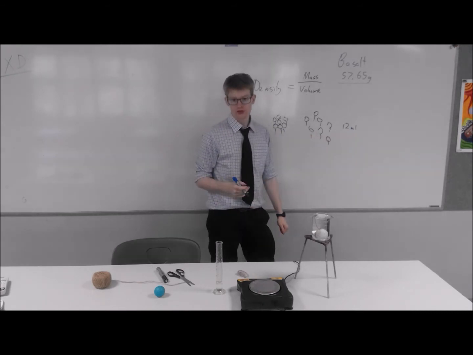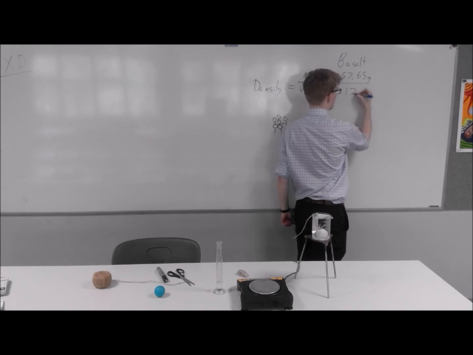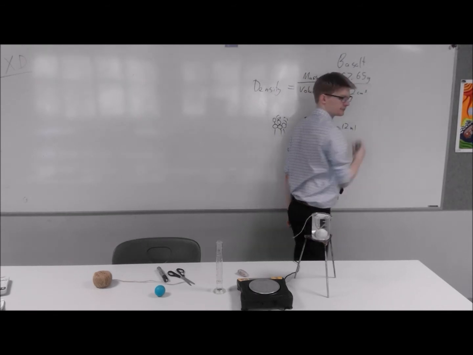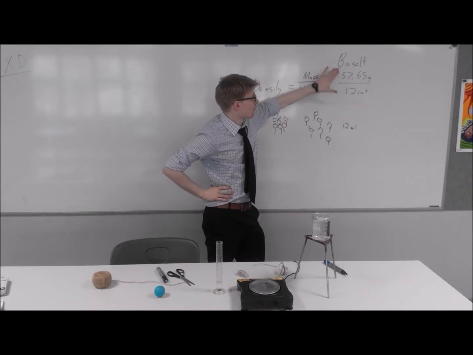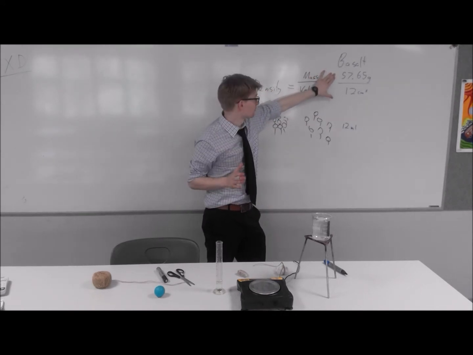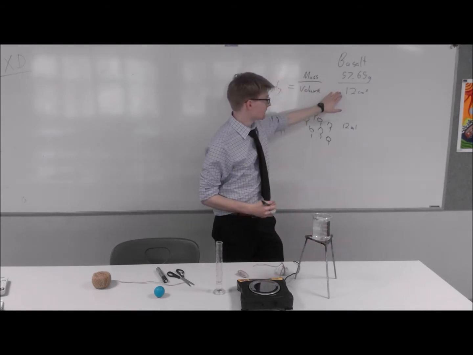Now, the thing with water is 1 mil is equal to 1 centimeter cubed. So I actually now know that this rock takes up about 12 centimeters cubed. Okay? I've now found out the mass of the rock, and I've also found out the volume of the rock.